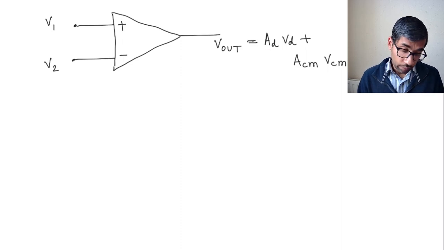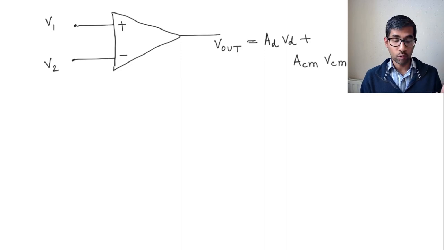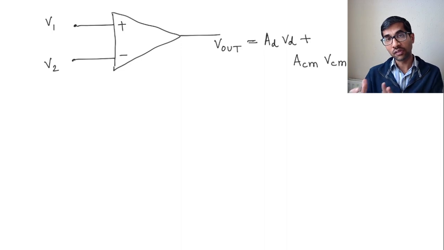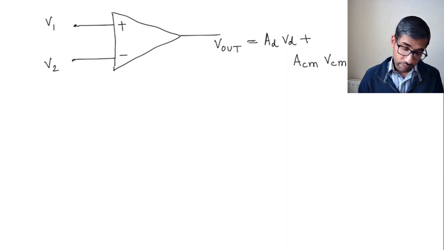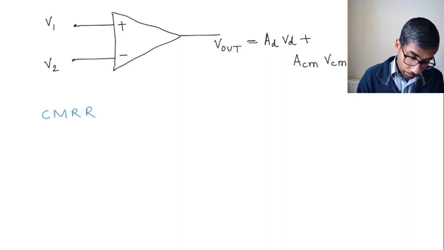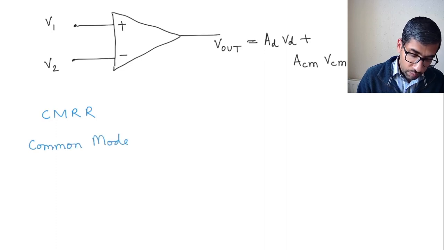So the measure that op amp manufacturers and people often use to tell you how close the op amp is to the ideal op amp is called CMRR. CMRR stands for common mode rejection ratio, and you already know what we mean by common mode.